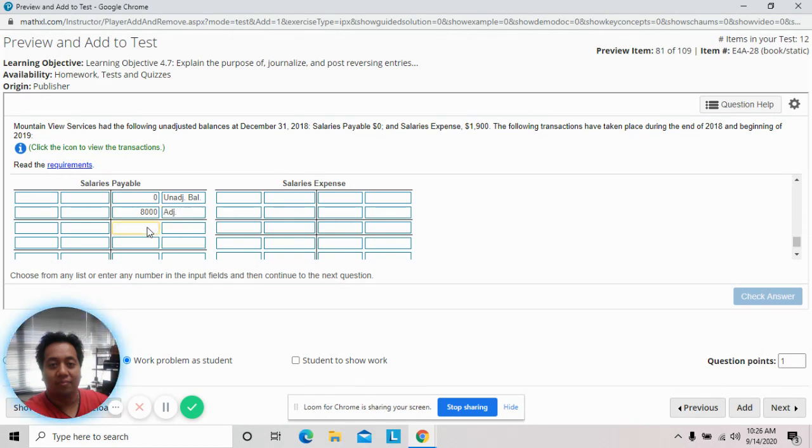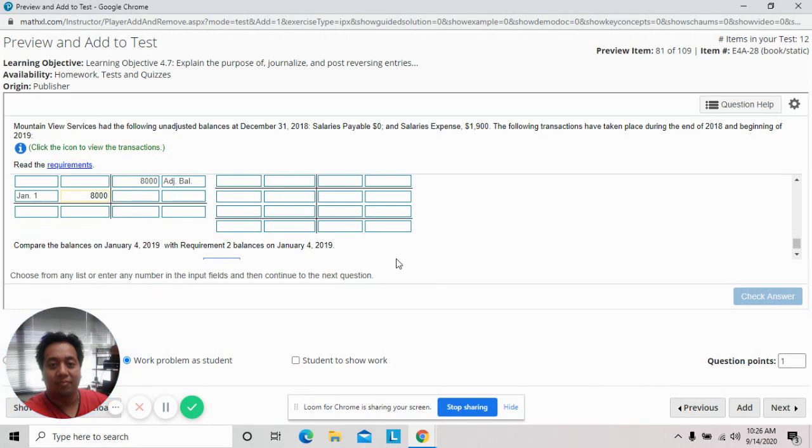I carry over the 8,000 adjusted balance. I go here. I have a transaction on January 1st, $8,000 on my debit side. Close my salaries payable account. End up with a balance of 0.